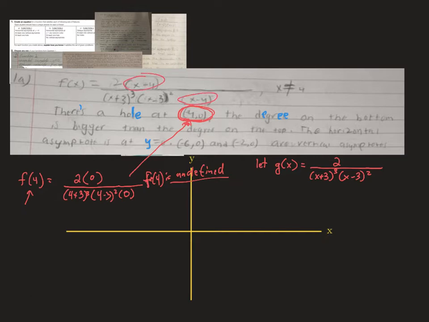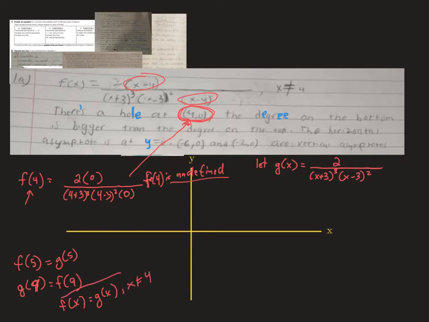Now, if you check f of 5 and g of 5, they will be equal. So I can say f of 5 equals g of 5. We could say that g of 9 is equal to f of 9. f of x will equal g of x if x is not equal to 4.